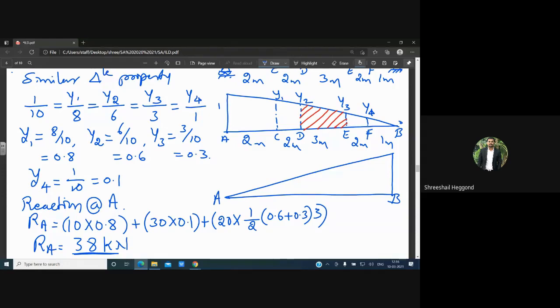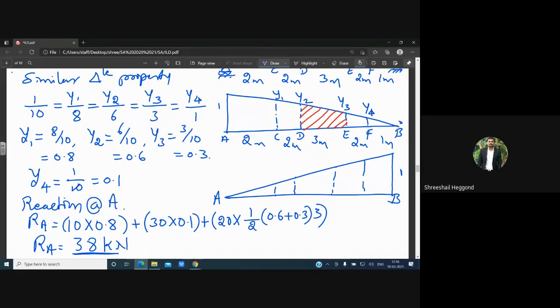Wherever point loads are there, wherever nodes are there, there you need to draw a line and calculate ordinates for that. For RB, reaction at B point, considering unit loading, the maximum value is the unit reaction at B point.